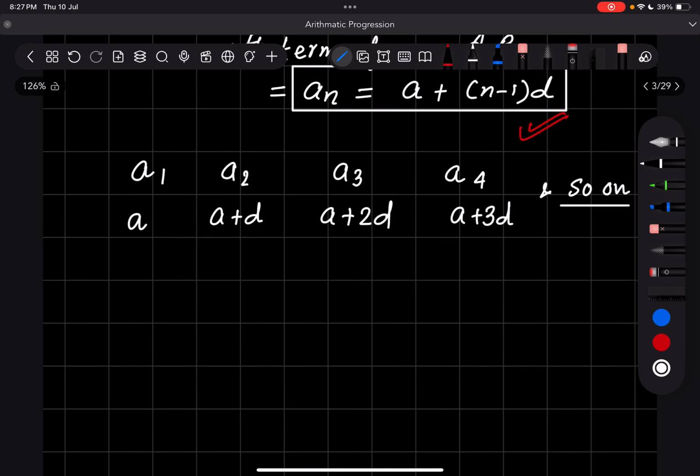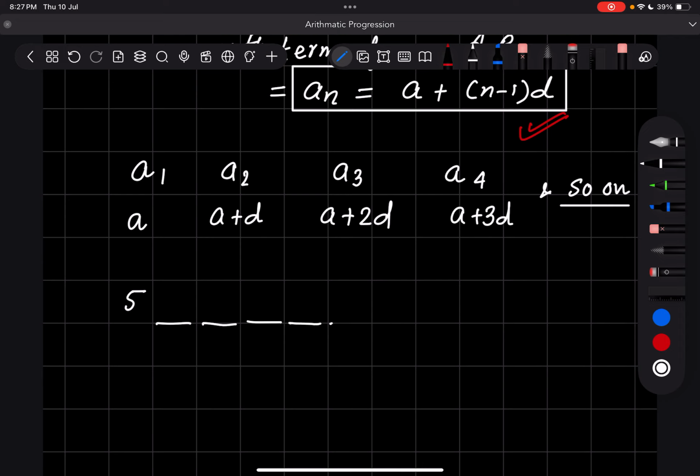Now let us take an example. Suppose there is 5 on the first position, then you have a vacant space at the second position, third position, fourth position, and on the fifth position as well.